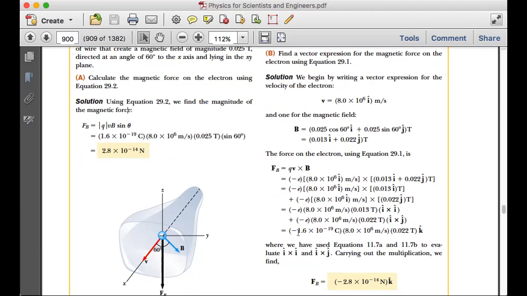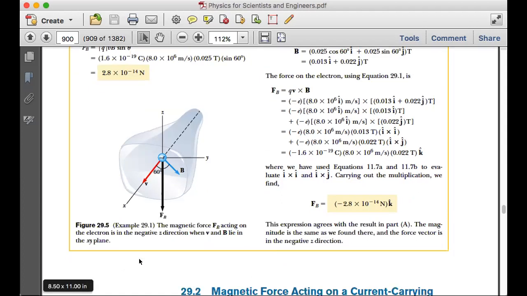So we have that the v cross B on an electron is along the z-axis, but we have a minus here. So the force is directed to the minus z-axis.